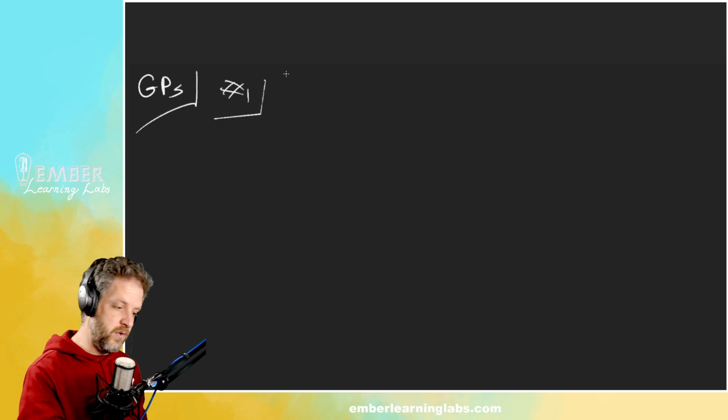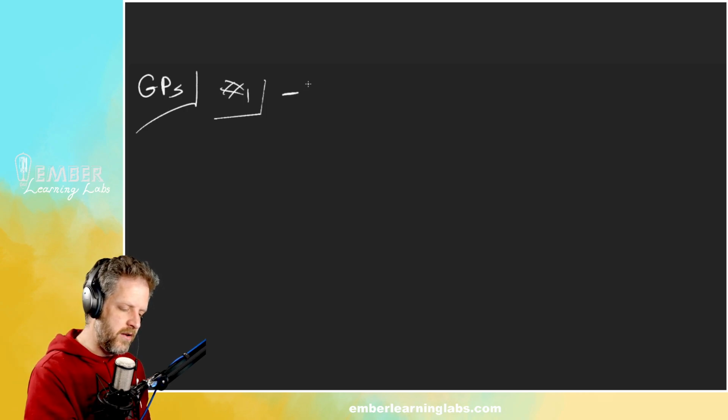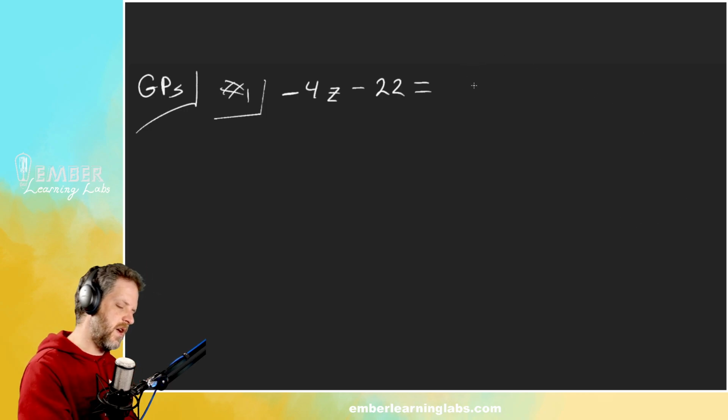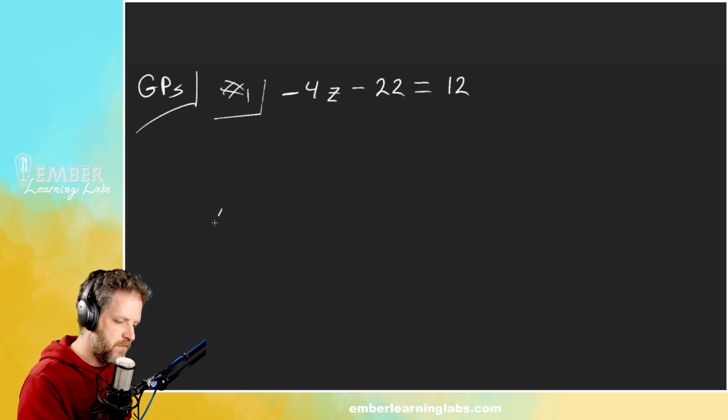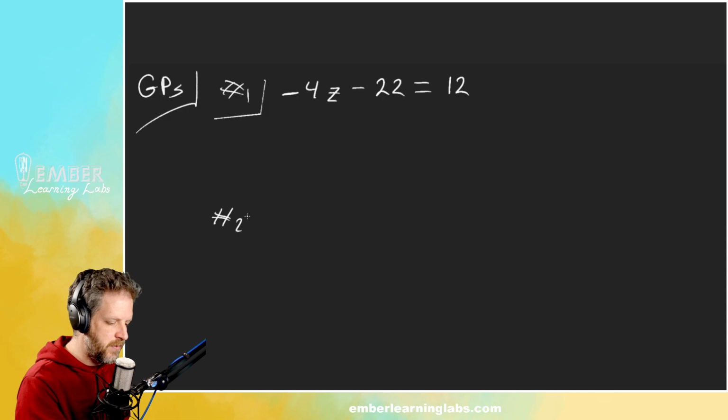So let's do -4z minus 22 equals, let's say, 12. And you're going to have to add it. Yep, you will. GP number 2.